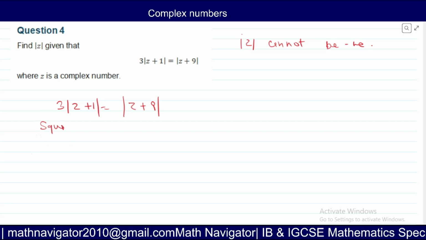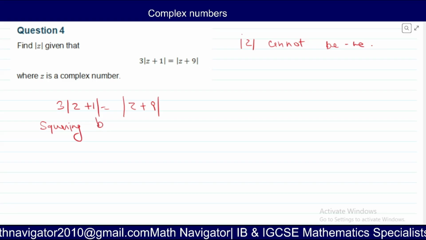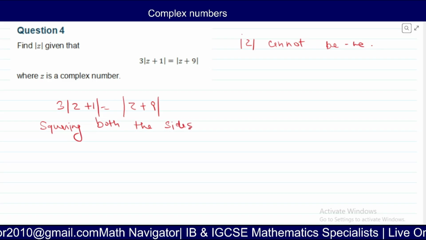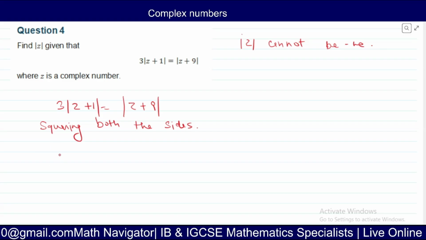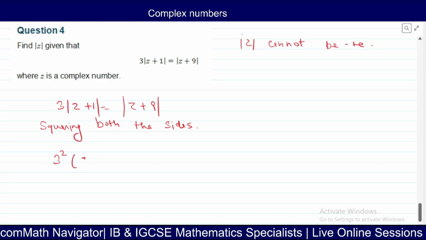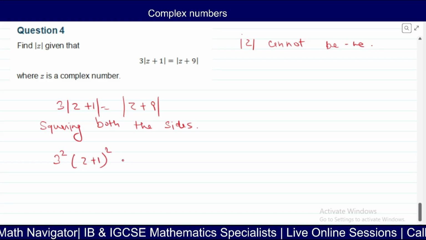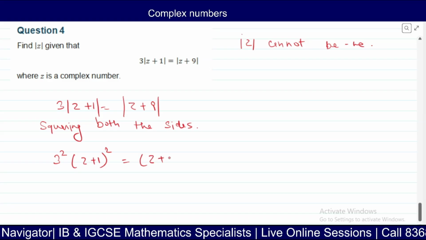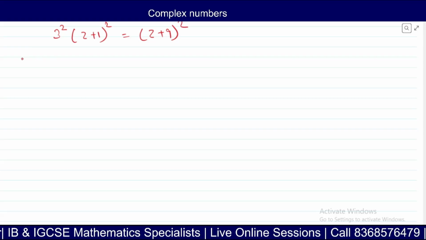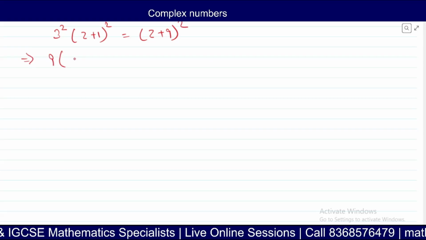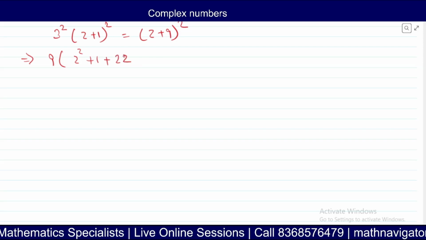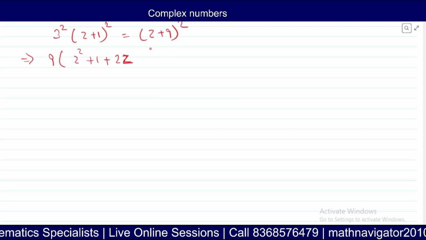Squaring both the sides, right? So when I'm squaring both the sides, it will be 3 squared times modulus of z plus 1 whole squared is equal to modulus of z plus 9 whole squared, right? So this will give me 9 times z squared plus 1 plus 2z. Sorry if my z and 2 look the same.